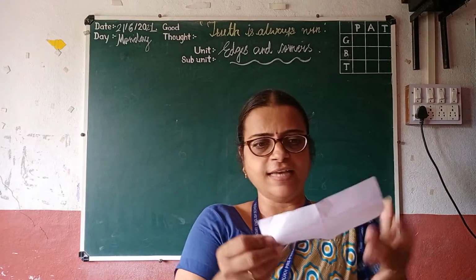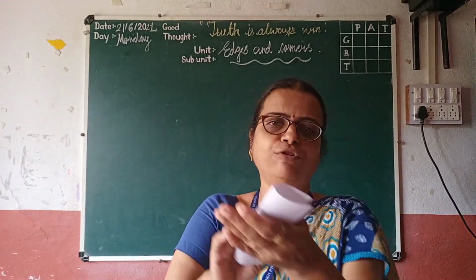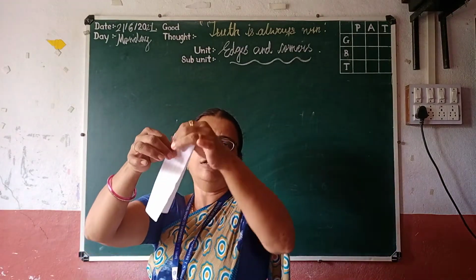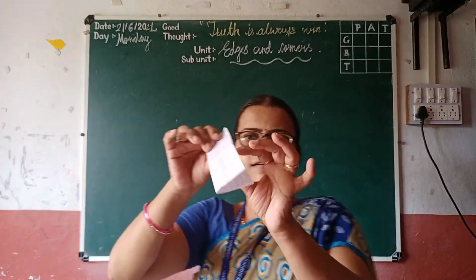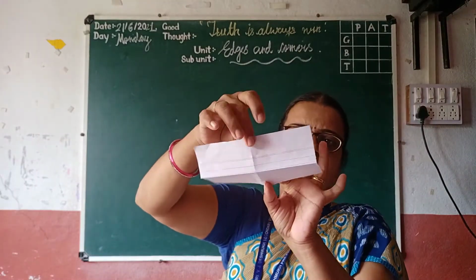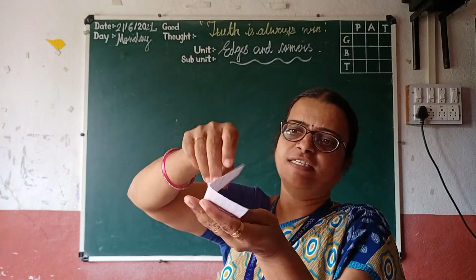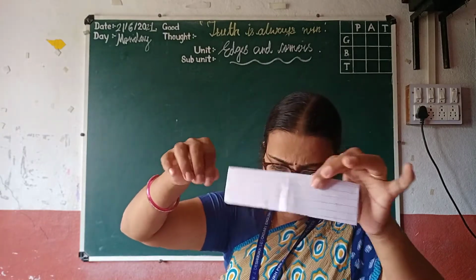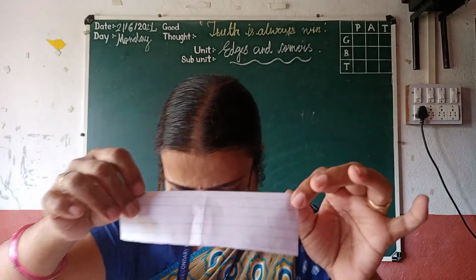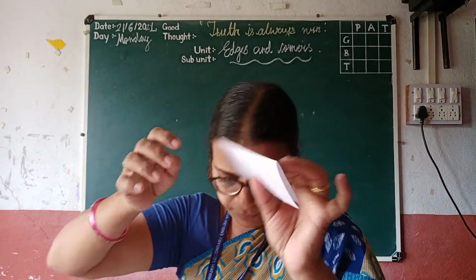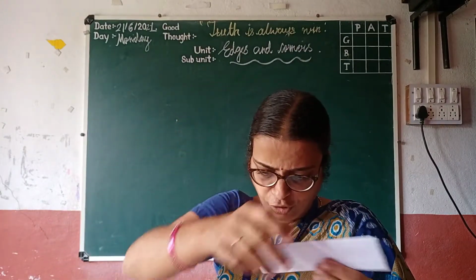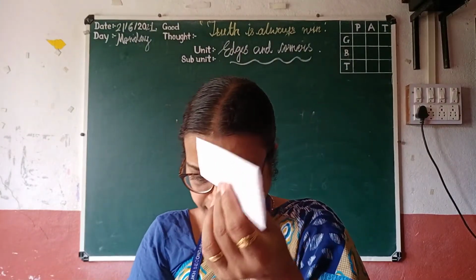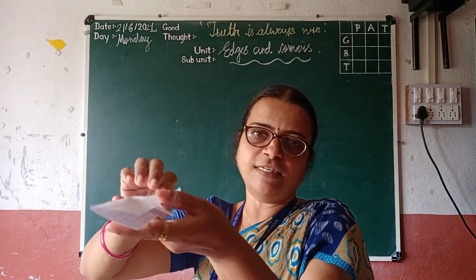This is the longest side. You have to fold this paper on the opposite side. See here, what I did, this is the longest side. I fold it on the opposite side. In the middle, you have to bring the opposite edges together. Then you will see the longest side falls exactly on the opposite side.